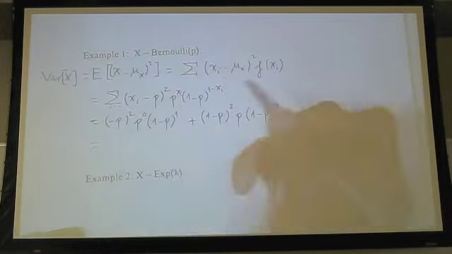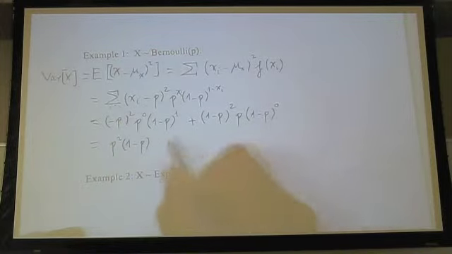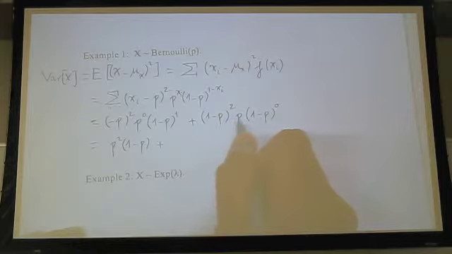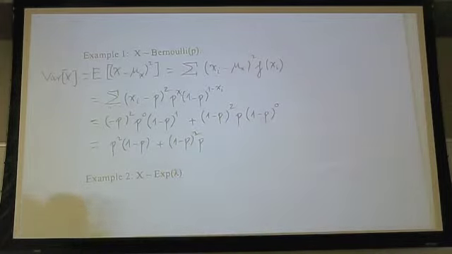So that is p squared times (1 minus p), plus (1 minus p) squared times p.